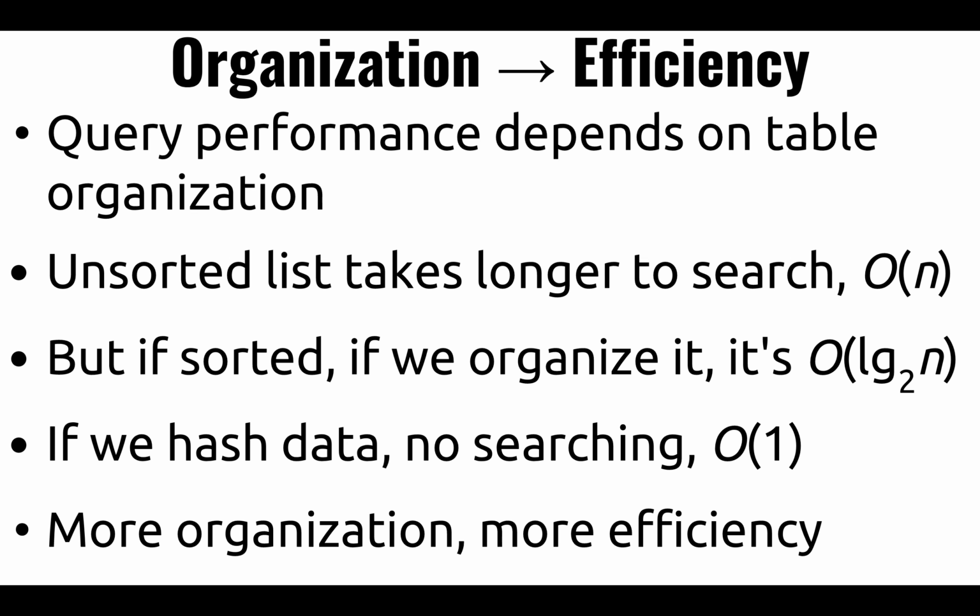So for instance, if you had folks organized by their social security number, and you are selecting folks by their social security number, if it's organized, sorted, well, I could just iterate and say, I'll start in the middle, and then halfway.